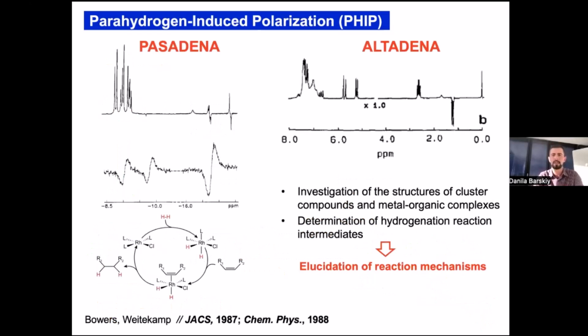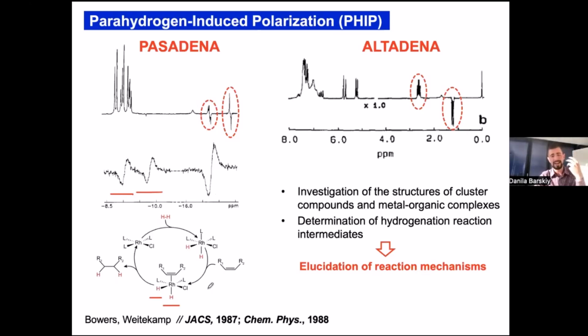And as I said, for many years, Altadena and Pasadena have been used in organometallic chemistry and in general in catalysis to study reaction intermediates, things which would show up in very interesting regions, for example, -16, -10, -20 ppm. And usually those are hydrogens attached to metal. And by the way, this reaction, which I haven't focused on yet, requires a catalyst.